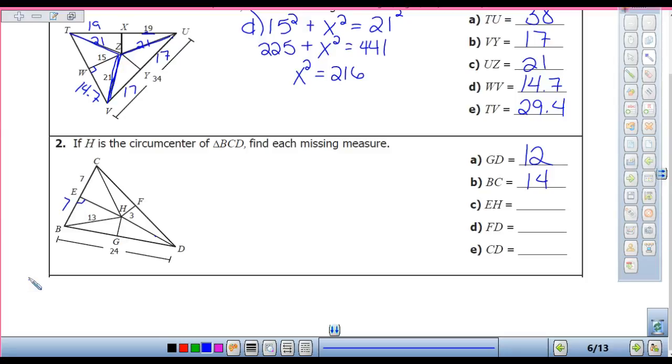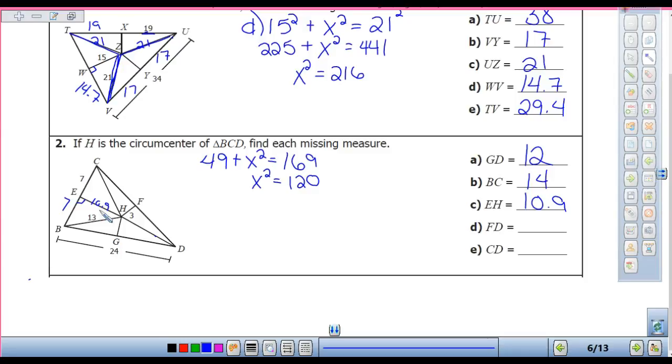What do we got here? 7 squared, which is 49, plus x squared equals 169. x squared is 120. So x is 10.9. So 10.9 for EH.